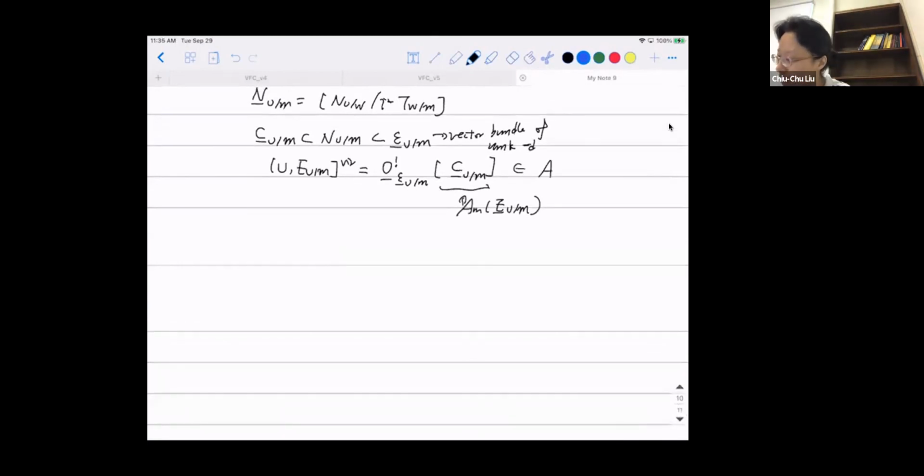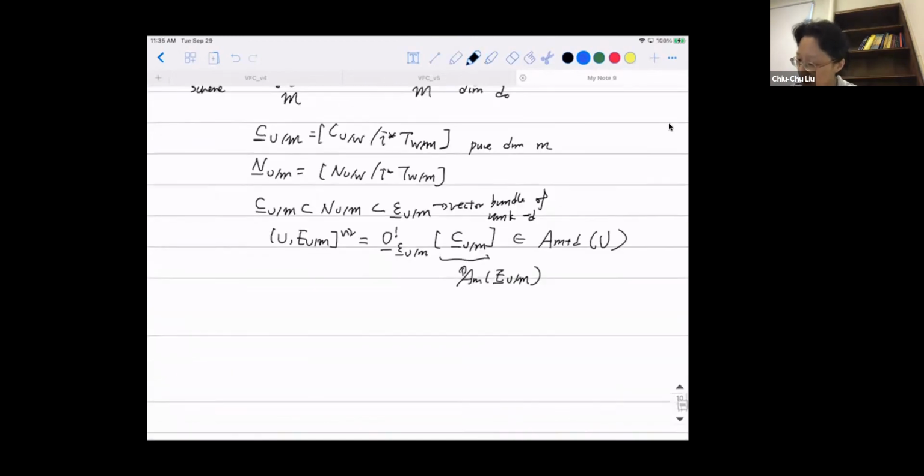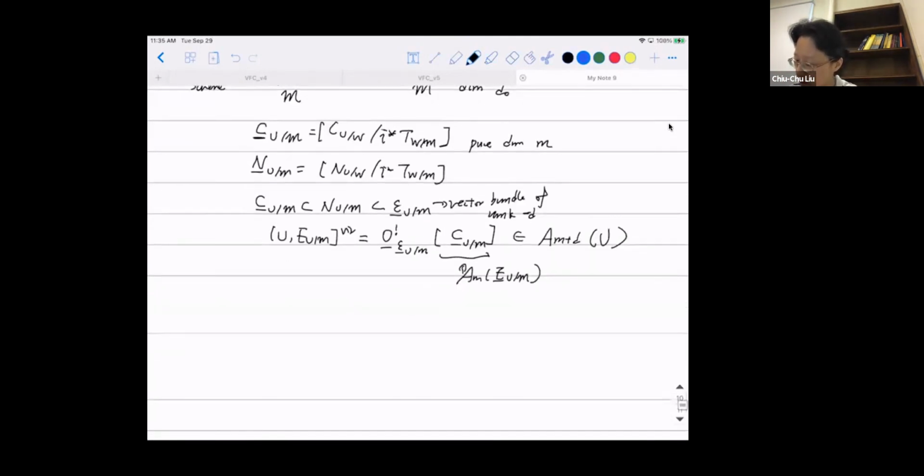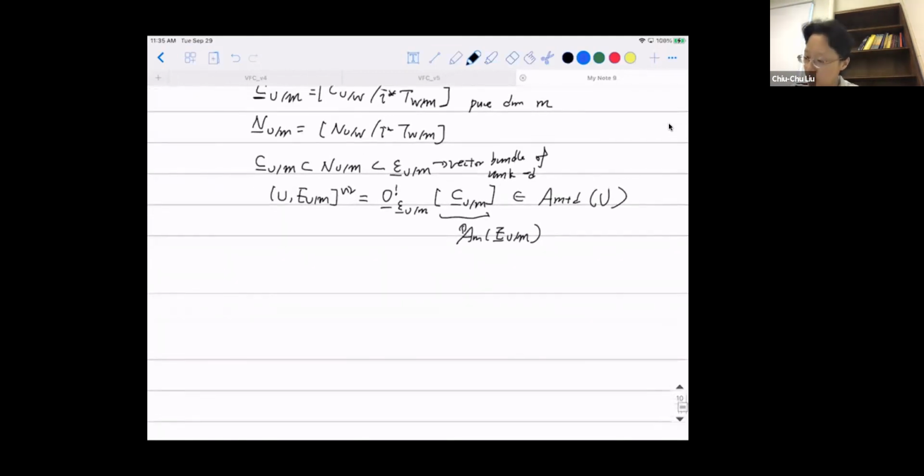So this is in M plus d u. But now here, this intrinsic relative normal cone and relative normal sheaf, and also this curly E, they are globally defined on the Deligne-Mumford stack.